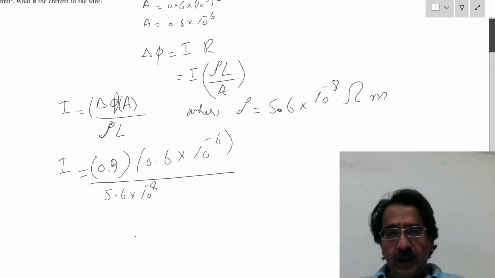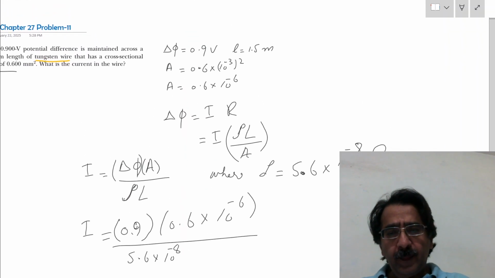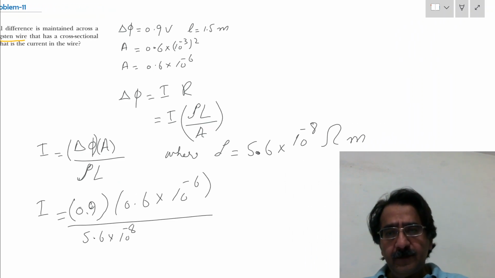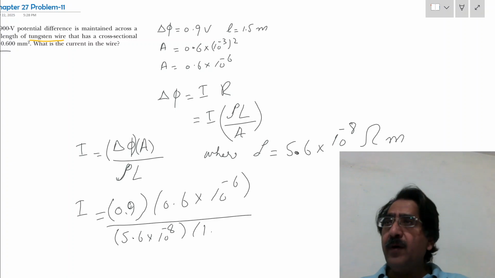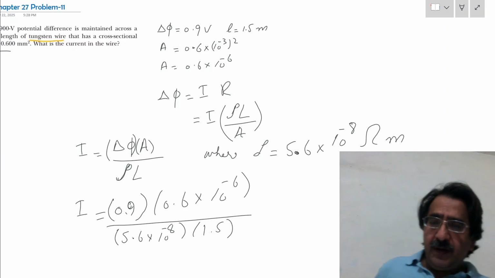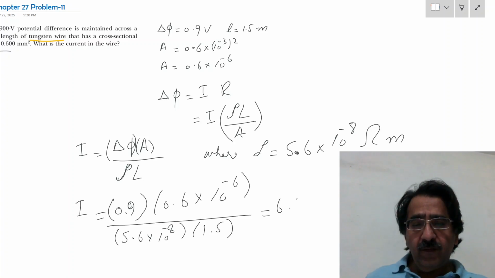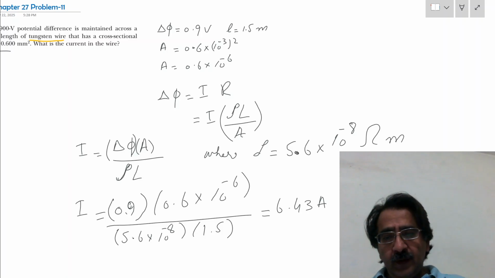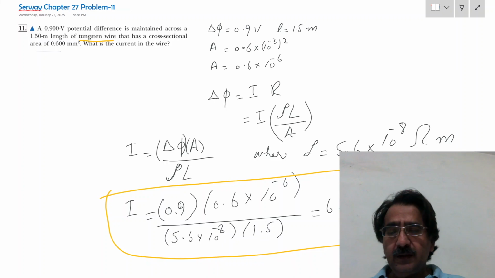And L, the length, is also given. L is 1.5 meter. So by calculating all these, that will be 6.43 ampere. So that will be the answer, and that is the current.